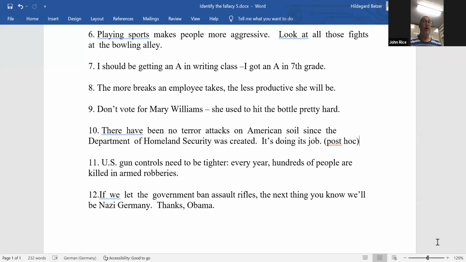Other very common post hoc fallacies are the basis for superstition. So, I wore my aunt's wedding ring when I did the exam and I did well. So it's a lucky ring, and I'm going to wear it for all the exams in the future. So the wearing of the ring caused me to perform well.